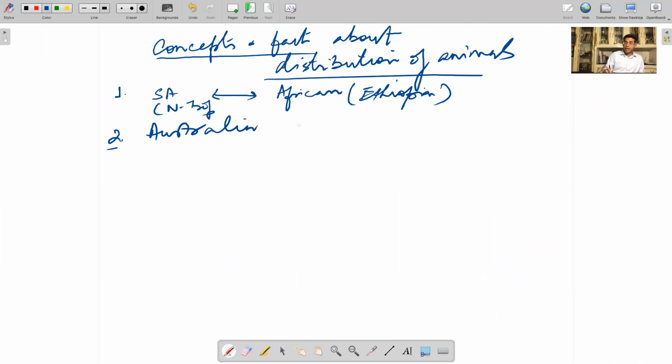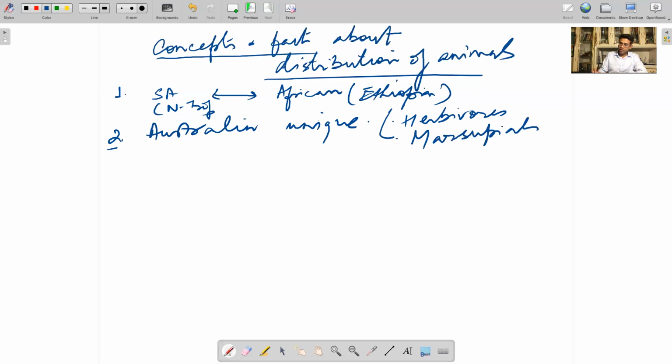Australia remains unique. In fact, the bulk of the life forms of Australia are herbivores. You don't have large carnivores here. The bulk of them are herbivores. They are marsupials. Not too many placentals. The only placentals worth mentioning here, originally found, are bats and rodents or rats.